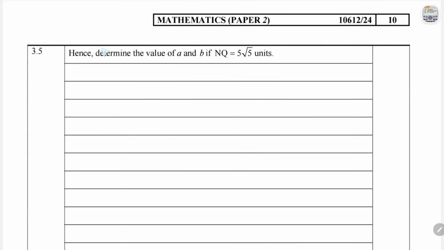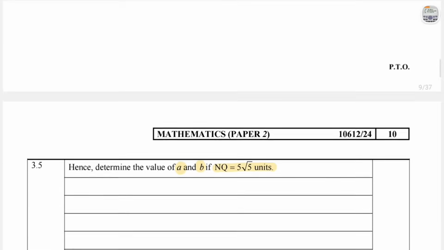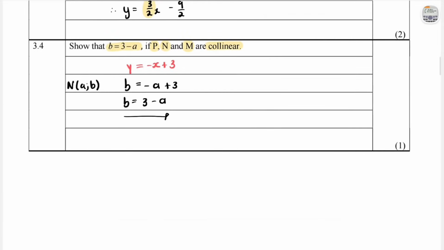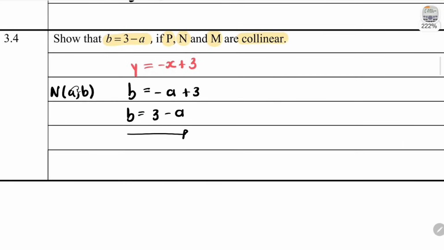Question 3.5 says, hence determine the value of a and b if NQ is 5 square root 5 units. This relates to the previous question. You see how they made us express b in terms of a? It was because of this.